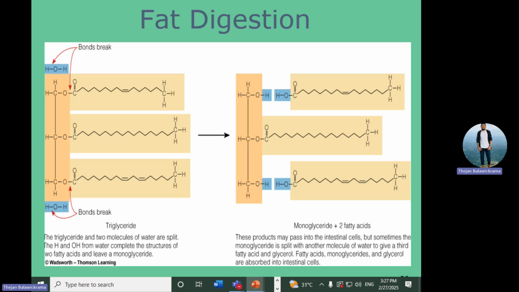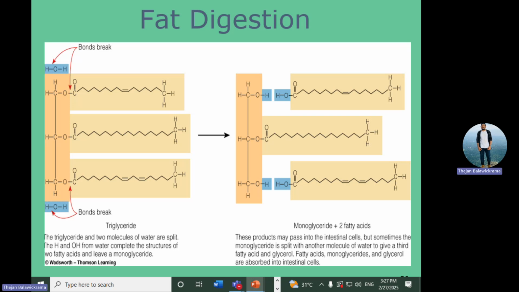Now look at this reaction. Here you see this is the glycerol part, the free fatty acids part, and this is the bond which was formed from the reaction between glycerol and fatty acids.